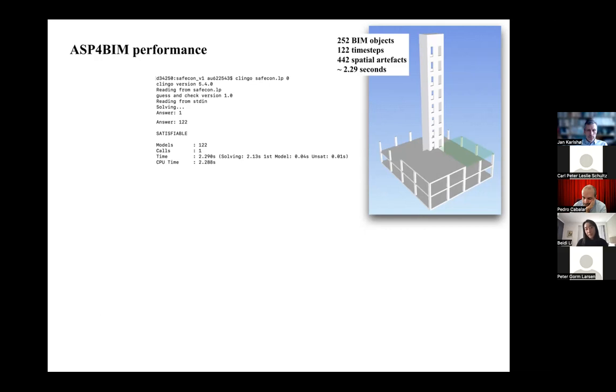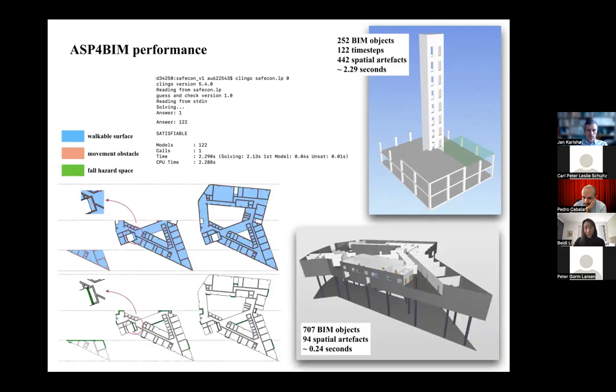ASP for BIM in this case runs in merely 2.3 seconds, and it generates plenty of what we call spatial artifacts. These are implicit objects that semantically enrich a BIM model. For example, leading edges correspond with 4 hazard spaces. They are the intersection between regions where people can reach, so movement spaces, and regions where people can fall and injure themselves, which are fall spaces.